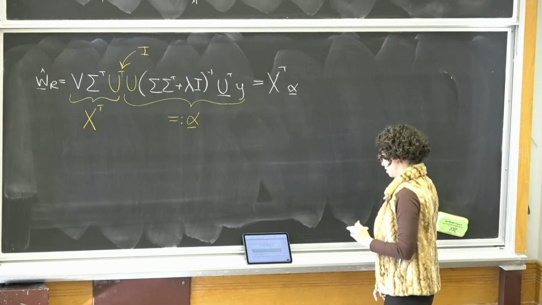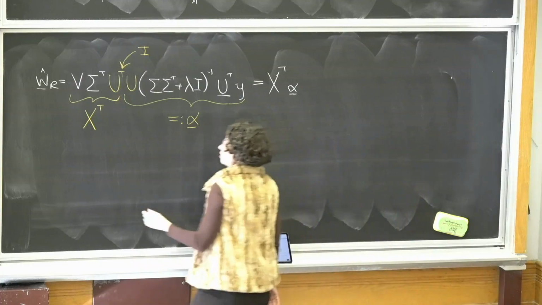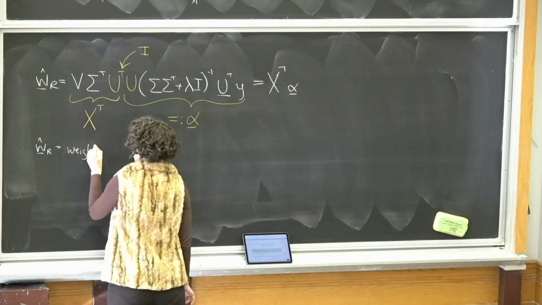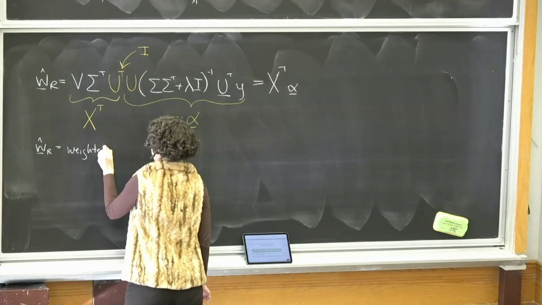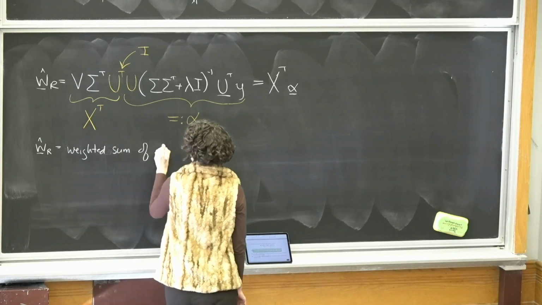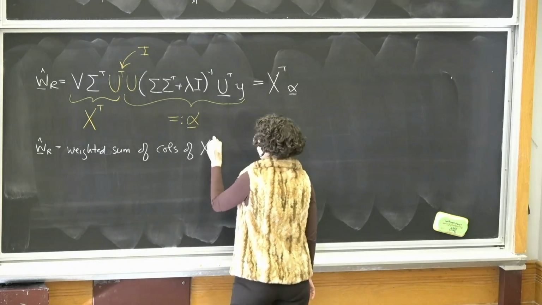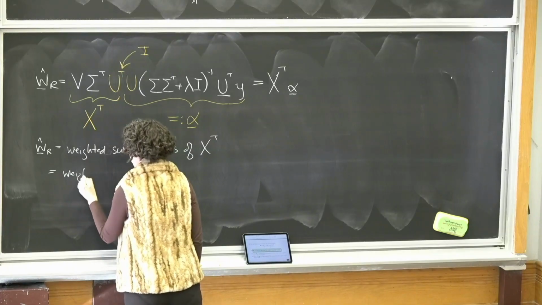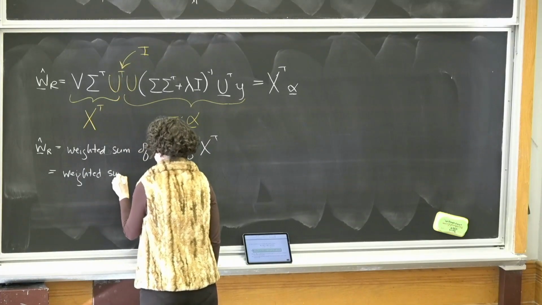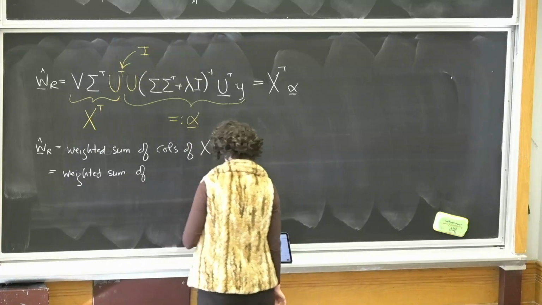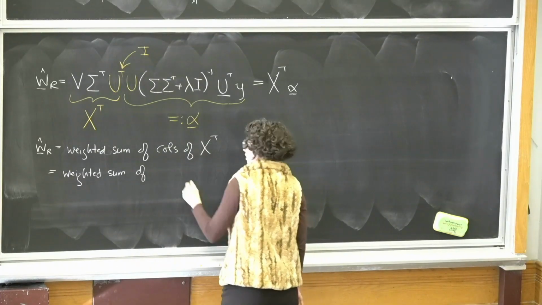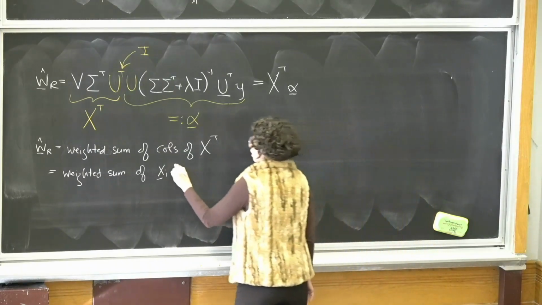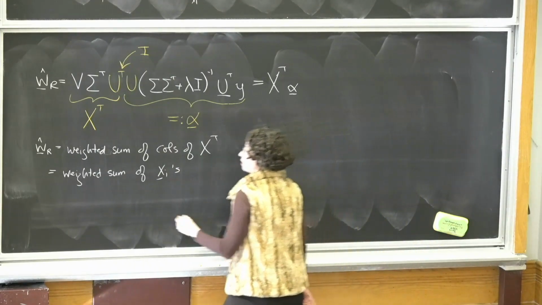And this is important because it tells us that W hat R is equal to a weighted sum of the columns of X transpose, which is the same as a weighted sum of my different xi's. And the alphas tell me the weights.